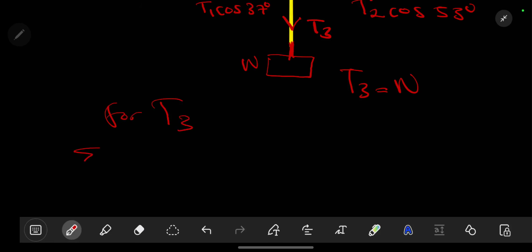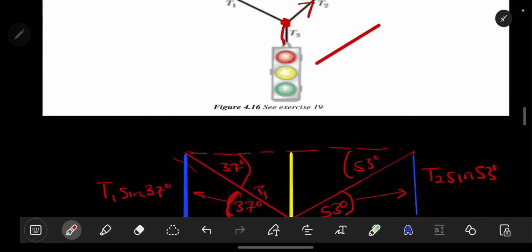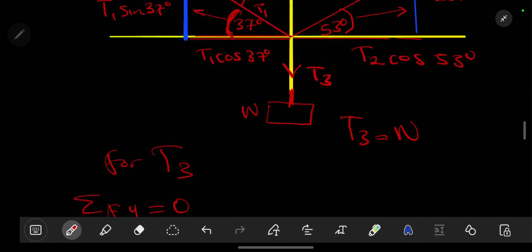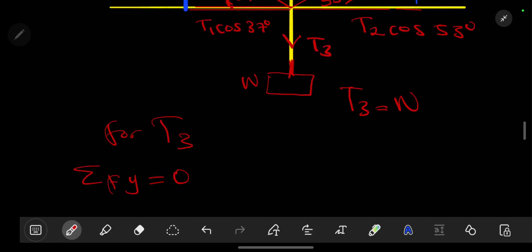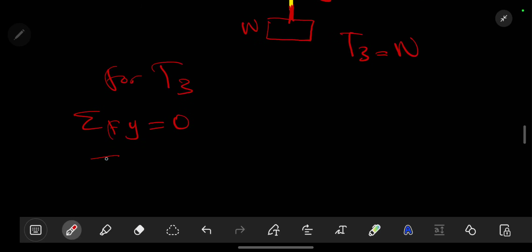Or if you want, for T3, you can say the summation of forces in the y direction is equal to 0. So it is in static equilibrium, meaning to say the traffic light is stationary, it's not moving. So we are going to say it is equal to 0, but this is in the y direction. So for this one, we can say T3 minus the weight.